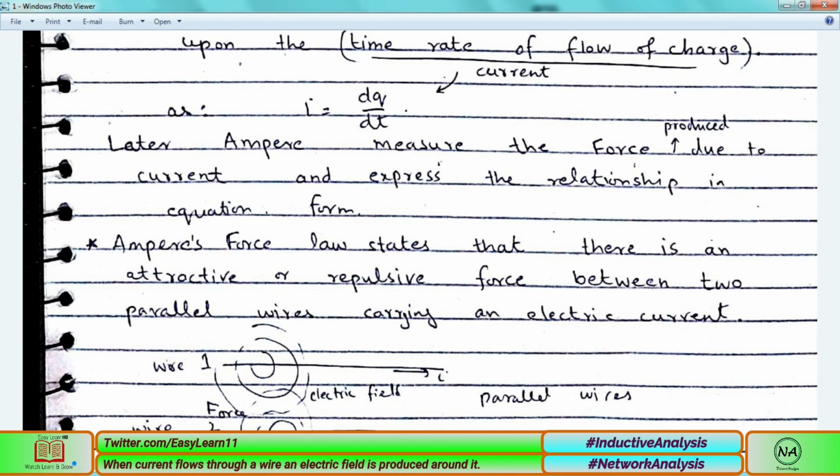If there is a first wire, say wire 1, and this is wire 2, and the current is flowing, there is a strong field developed around the wires, and if this field overlaps the field of the second wire, there will be a force of attraction or repulsion that depends upon the magnitude and intensity and the direction of the current flowing.